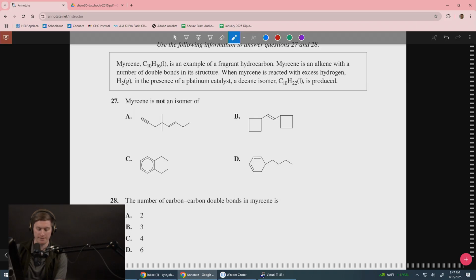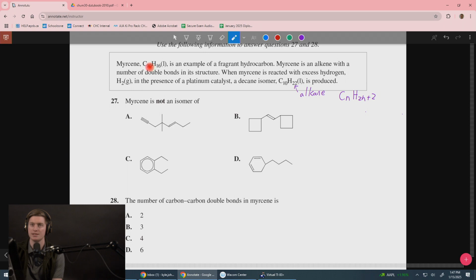So if we react it, we're going to get an alkane. Now, we know that this is an alkane because it follows the general formula CnH2n+2. This is our general formula for an alkane.